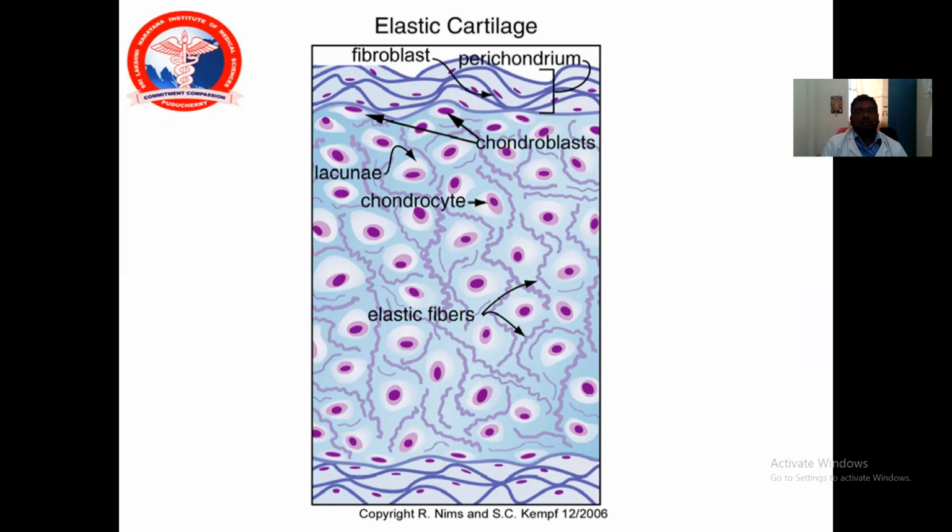Lacuna is present. Additionally, you have to write another point: presence of elastic fibers. So these are the identification and justification features for the slide, elastic cartilage.